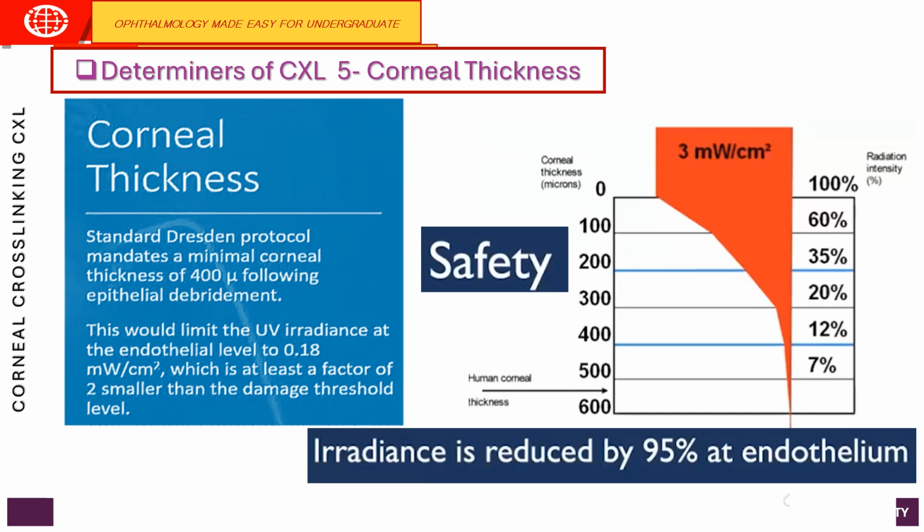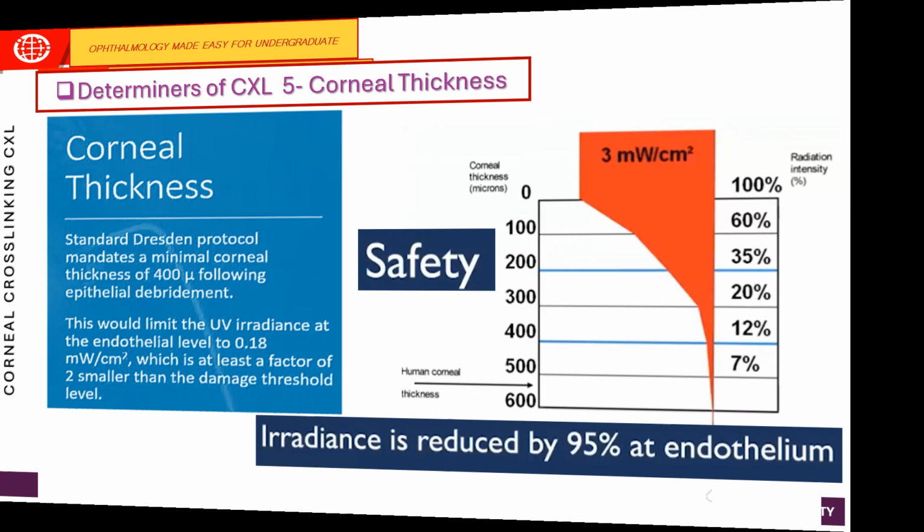And for the 400 micrometers, only 10% of the ultraviolet is arriving at that level, provided that you have a good concentration of riboflavin. So the irradiance is reduced by 95% at the endothelium, and this will protect the endothelium from being damaged by the ultraviolet. So if you have a thin cornea, better not to do the standard protocols. You need to go for other protocols.